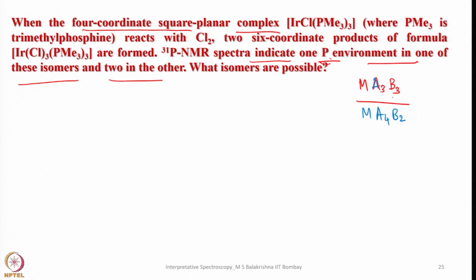Of course here the coordination number is 6. In the MA3B3 case, we get facial and meridional isomers, whereas in the MA4B2 case we get cis and trans isomers. So since after oxidative addition we are getting MA3B3, the possible isomers are facial and meridional. So here, let's assume A is Cl and B is PMe3.